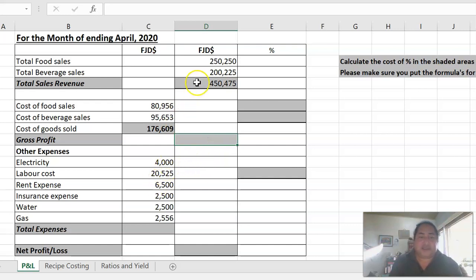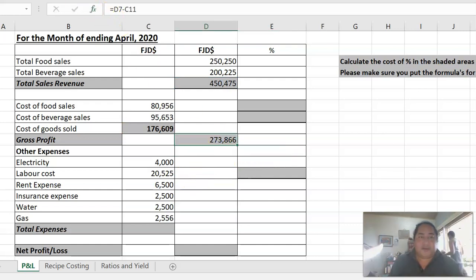Obviously, we know it's the total revenue, or sales revenue, minus total cost of goods sold, which will give you gross profit. Equals, click into that cell, minus the cost of goods sold, the total cost, enter, and that's your amount.